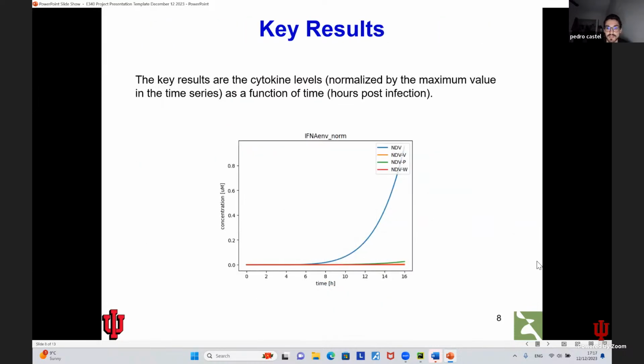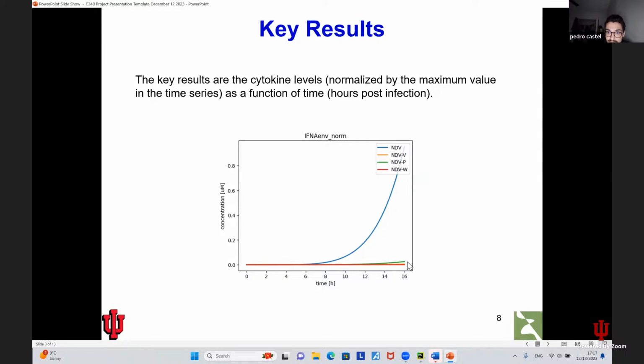Some key results. The first result is that you start with the NDV virus, which has a strong secretion of cytokines, and you add each of the proteins, V or P or W. You see that the production and release of these cytokines is much lower.